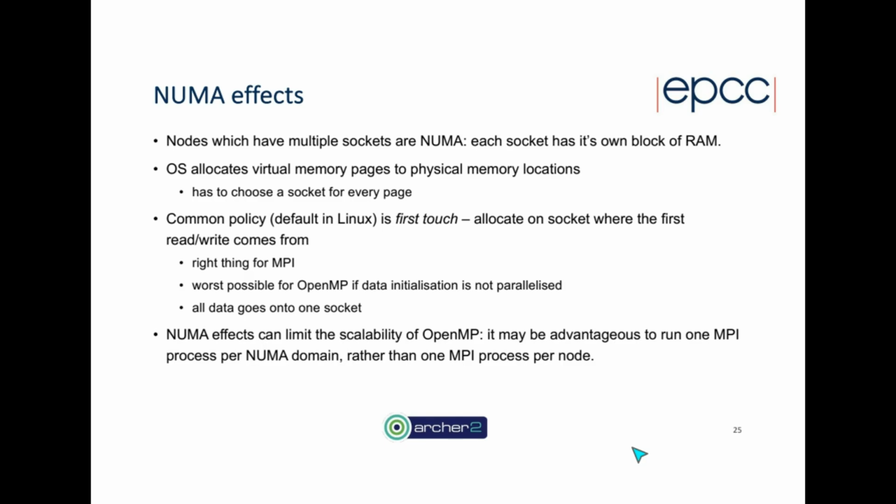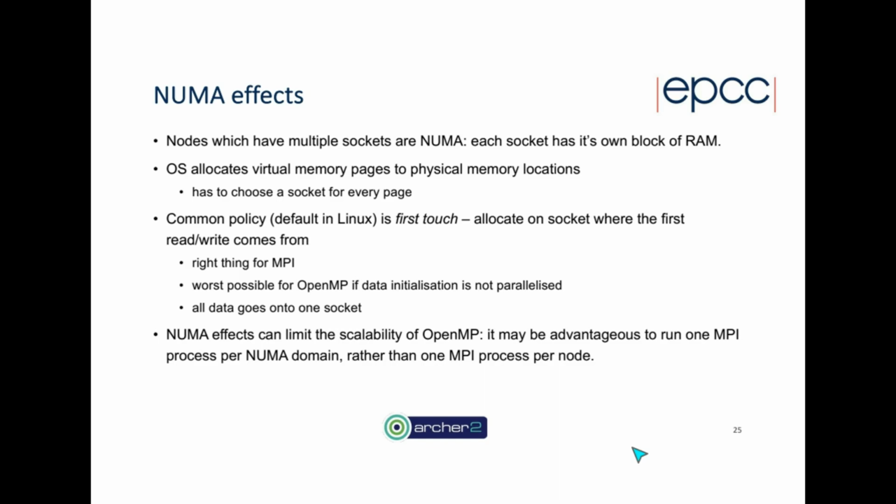So that's very typically what we find for MPI plus OpenMP applications on ARCHER2. On ARCHER2, every node has 2 sockets. Every socket has 64 cores. Every socket has 4 NUMA domains, so every group of 16 cores belongs to a different NUMA domain.